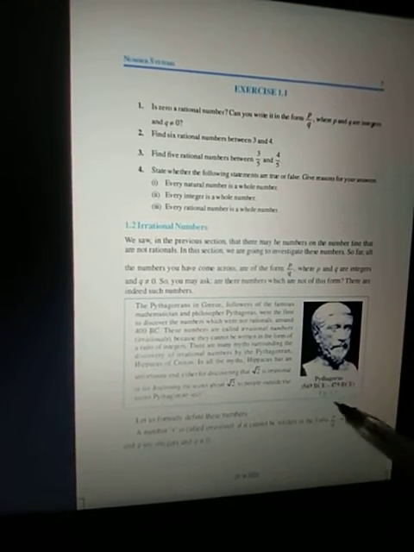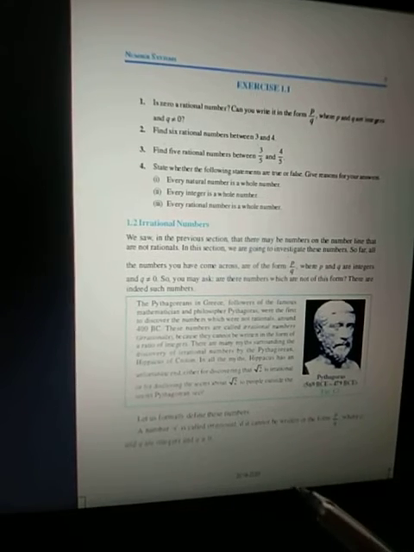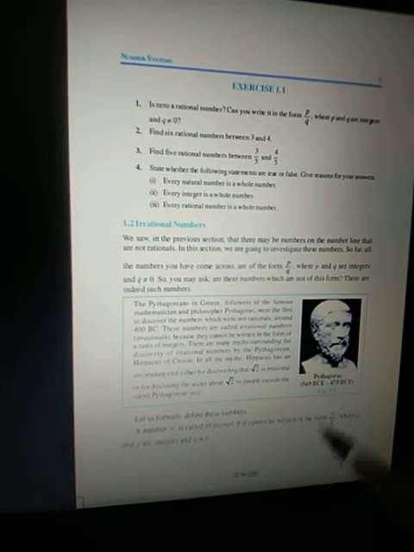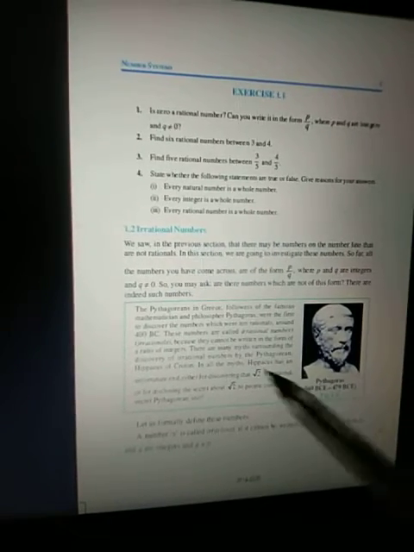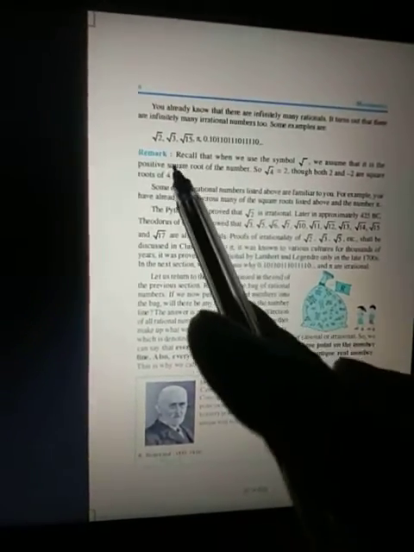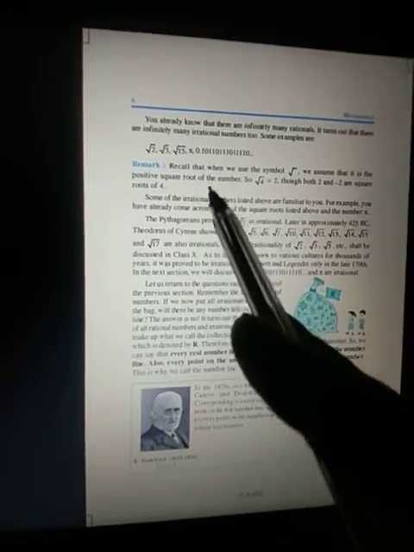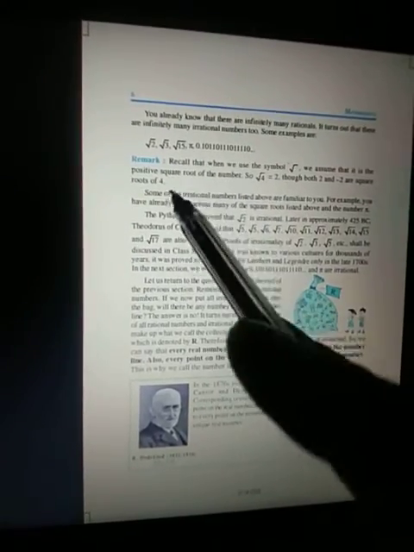For example, consider √2. We cannot write √2/1, because the value of √2 would change. So these are all types of irrational numbers, for example √2, √3, √15, pi, 0.1.